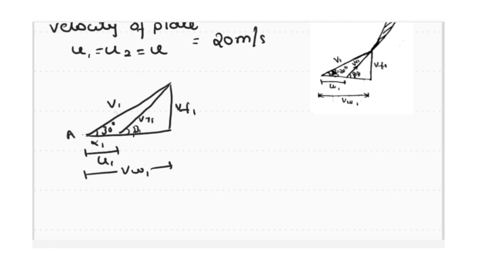I will name this triangle A, B, C, D. We will solve this triangle and calculate all the components of the velocity triangle.